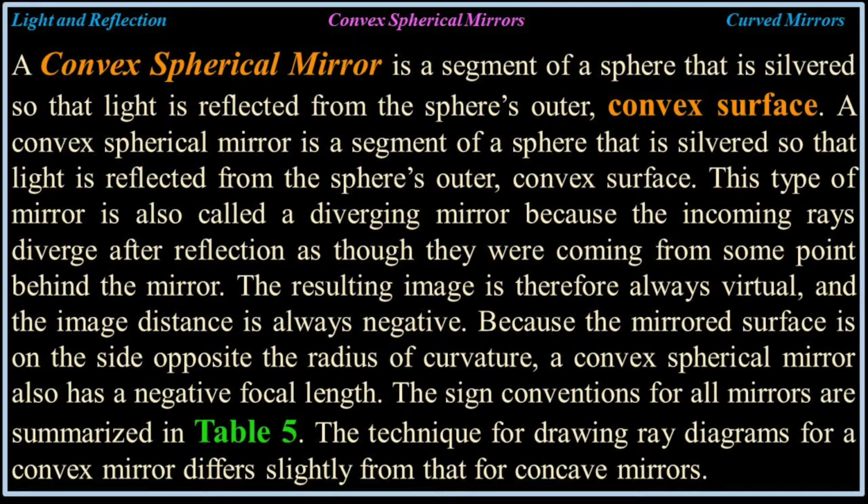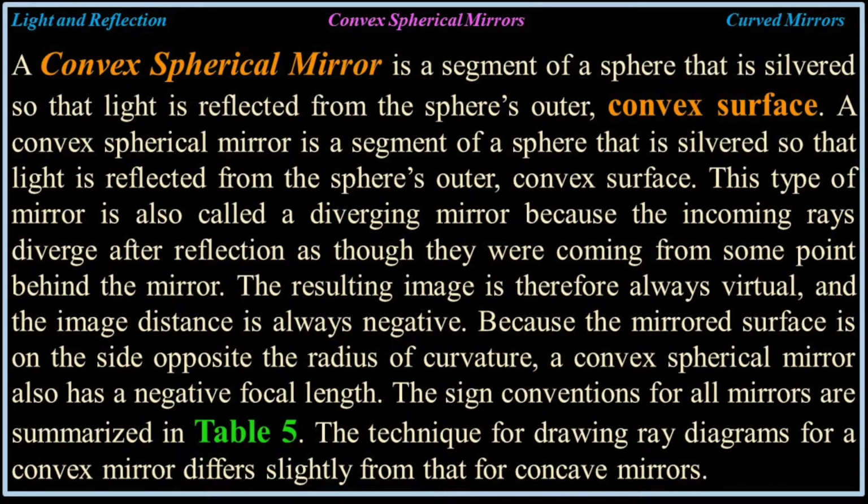A convex spherical mirror is a segment of a sphere that is silvered so that light is reflected from the sphere's outer convex surface. This type of mirror is also called a diverging mirror because the incoming rays diverge after reflection as though they were coming from some point behind the mirror.